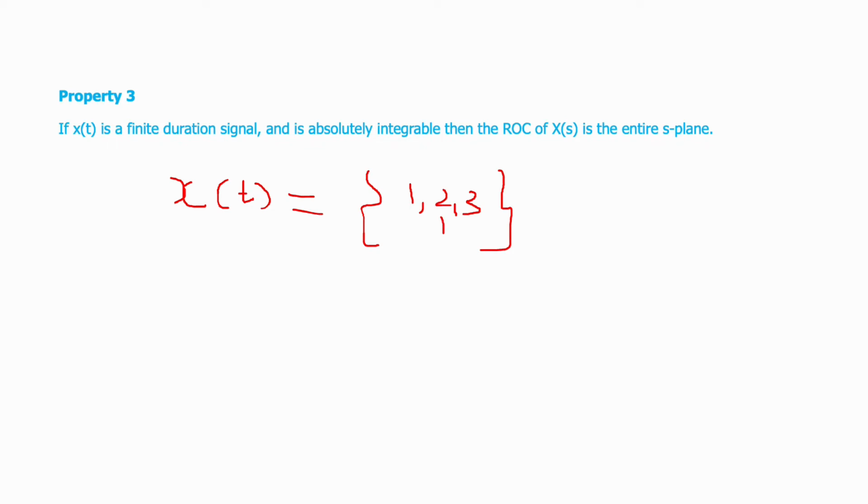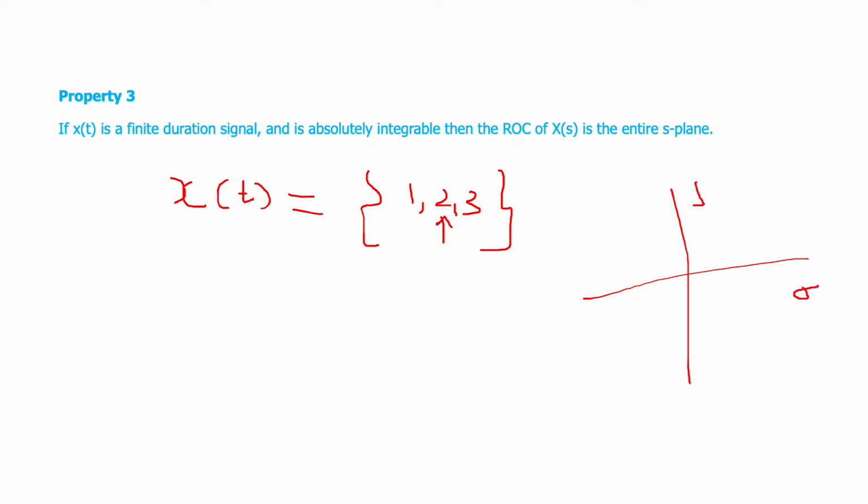If I put an arrow here, what does it represent? This is the positive axis amplitude. This is the negative axis amplitude. If x of t is a finite duration signal and it is absolutely integrable, the ROC is the entire s-plane. This is sigma.